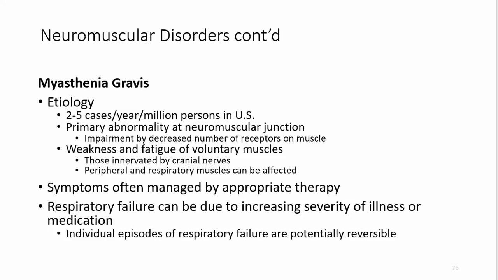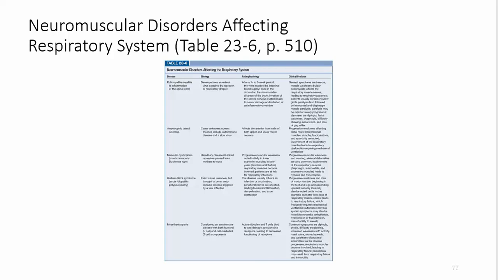So we can have respiratory failure, and if the person is saved, then it's reversible, and you go on until the next episode. So this is a chart outlining what we've just talked about. So you can go through that as a summary.